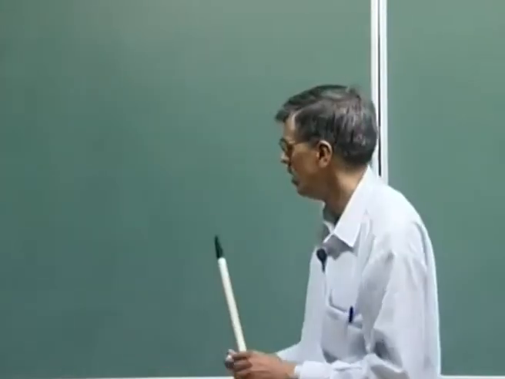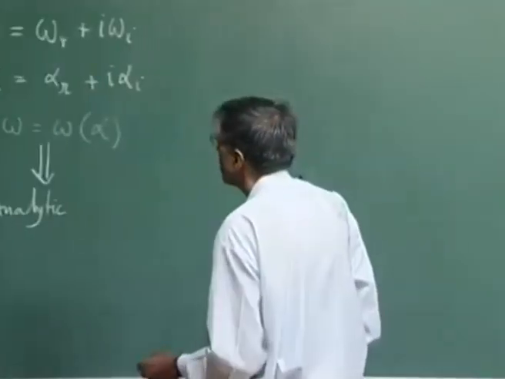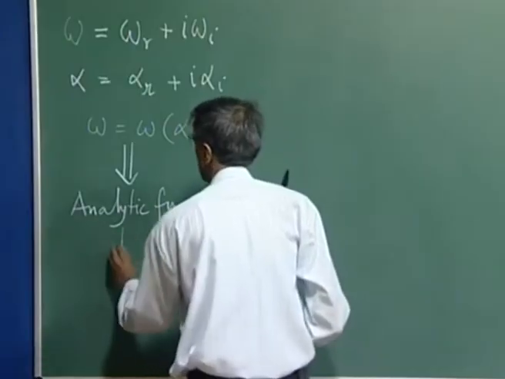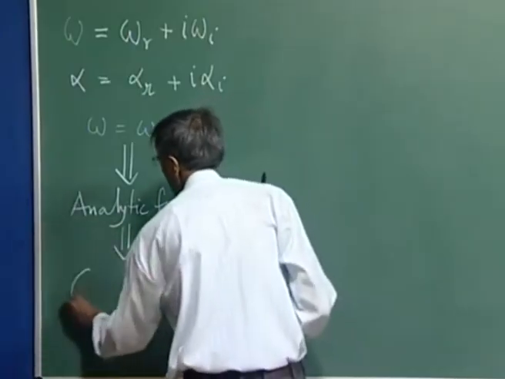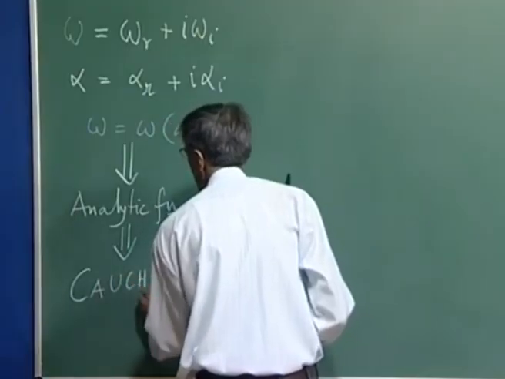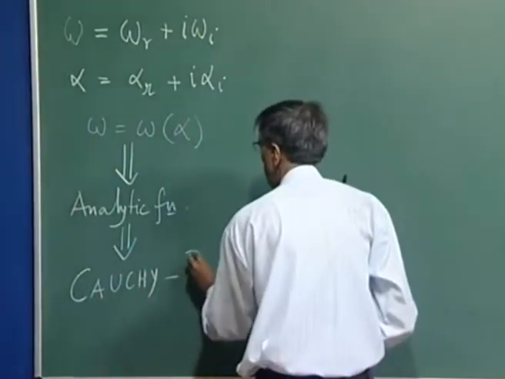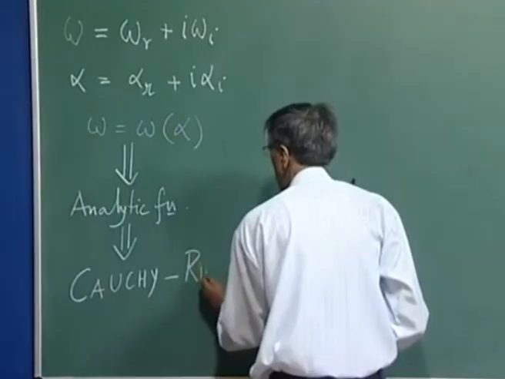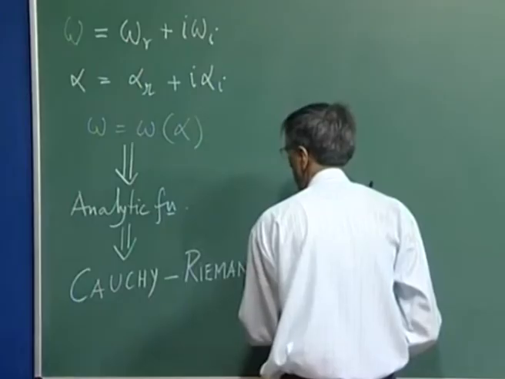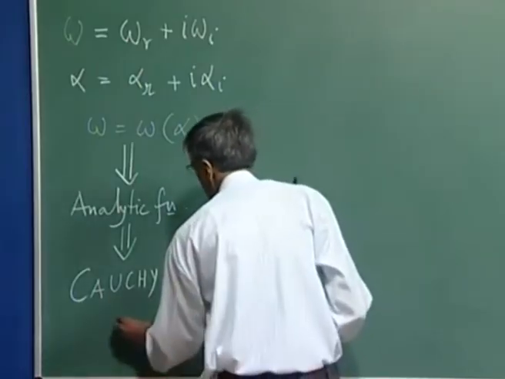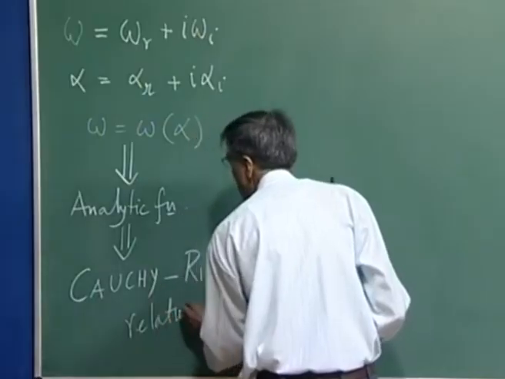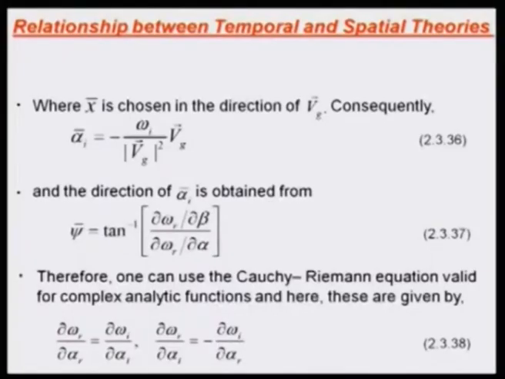As a consequence, if this is an analytic function, you can get what has been taught to you earlier also, the Cauchy-Riemann relation, and that Cauchy-Riemann relation is what is given here.